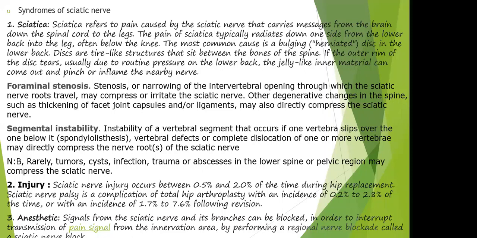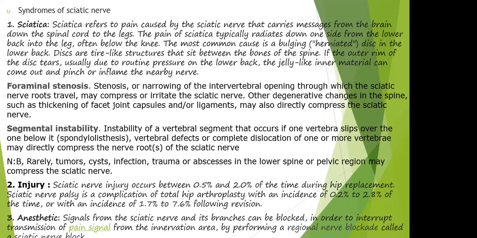Then we have the second one. Now we are going to talk about the types of causes, the types that actually cause sciatica. The first one we have is foraminal stenosis.